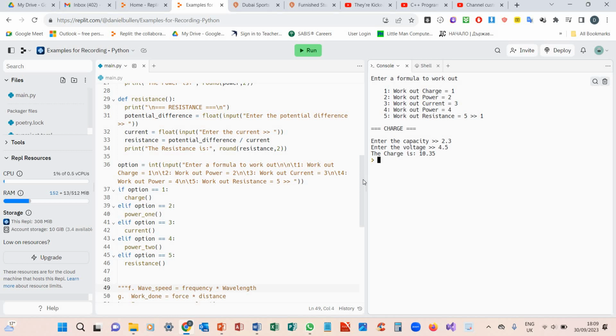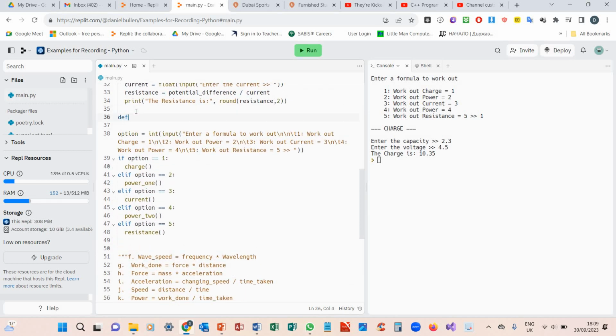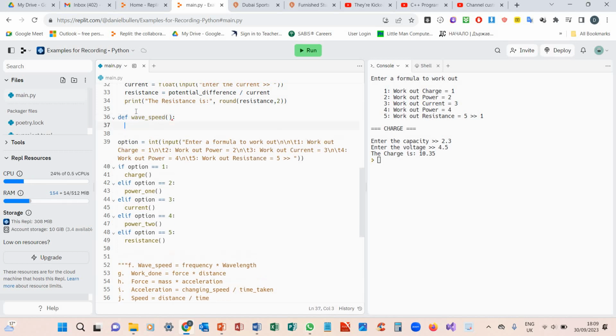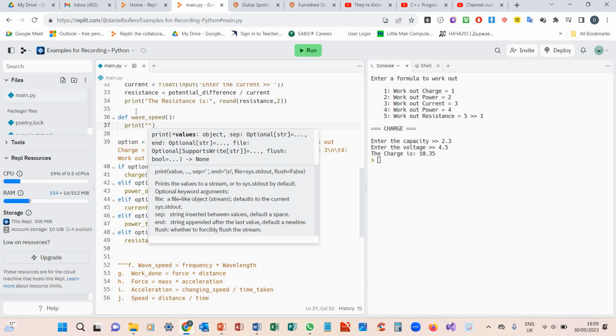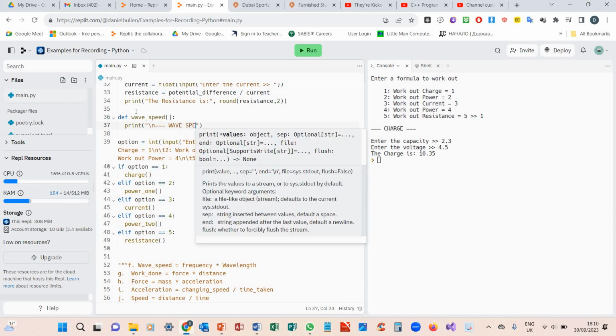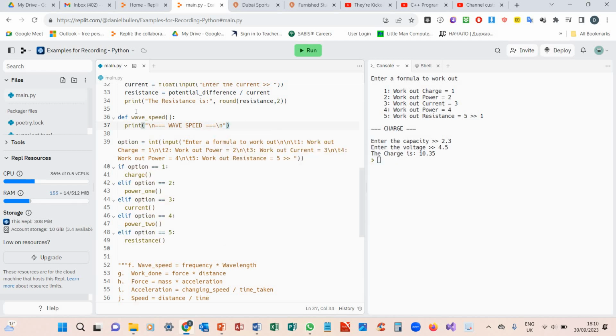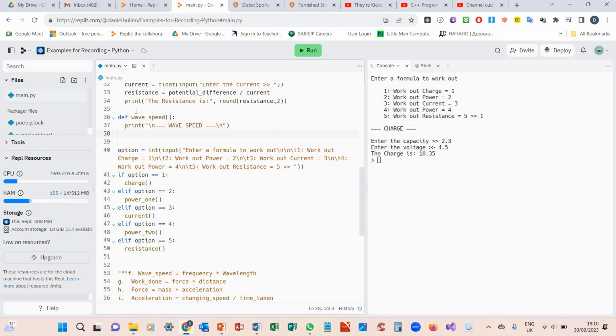So let's say we want to work out the wave speed of a formula. So you do def wave speed, then you do a print statement, and then you would type in wave speed. So that is one way of doing it. So what do we need? We need a variable called frequency.